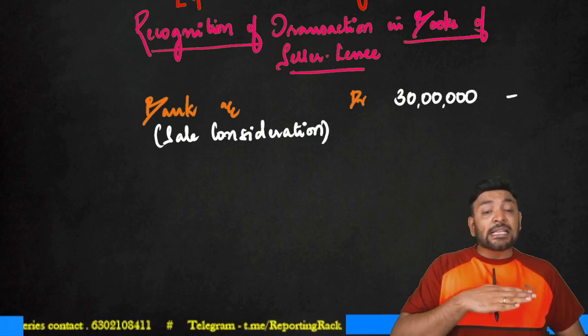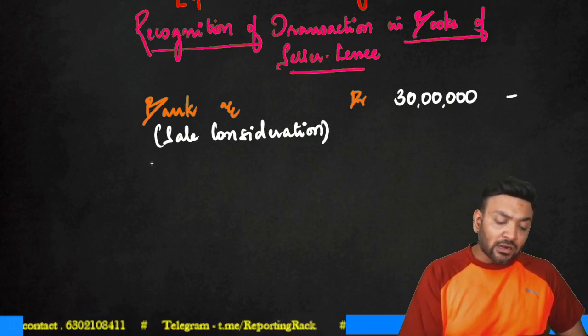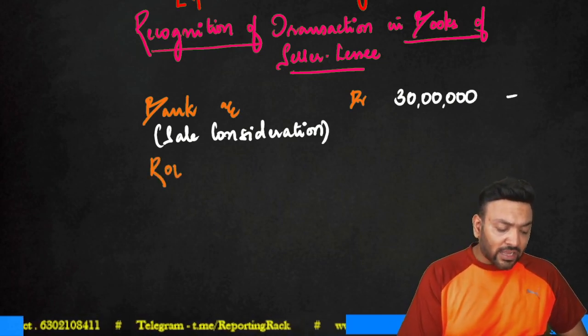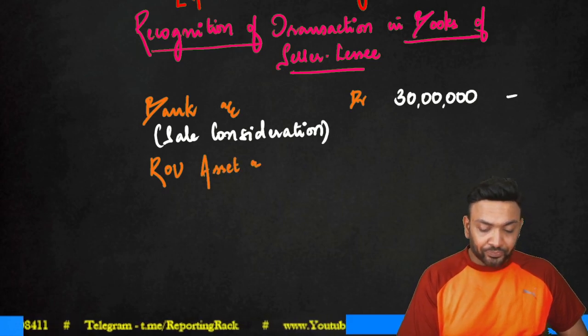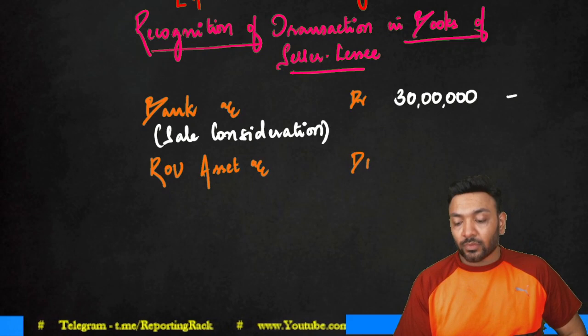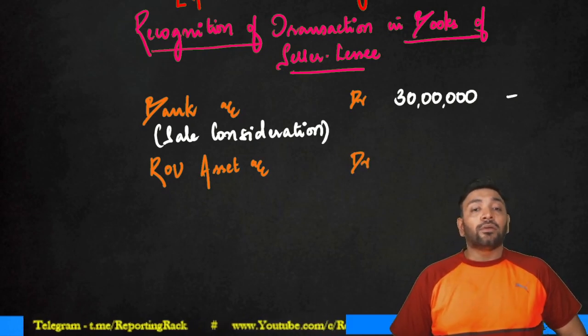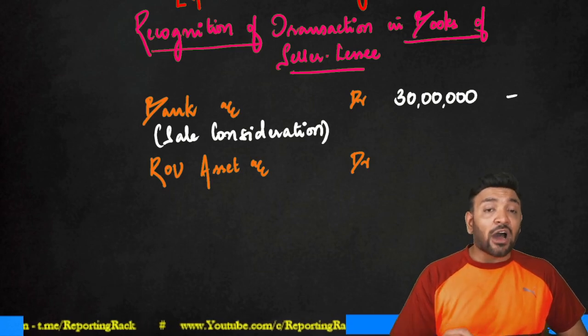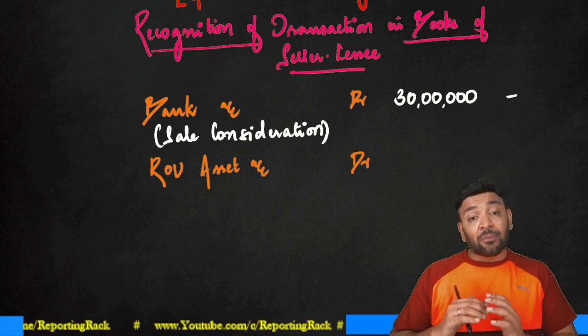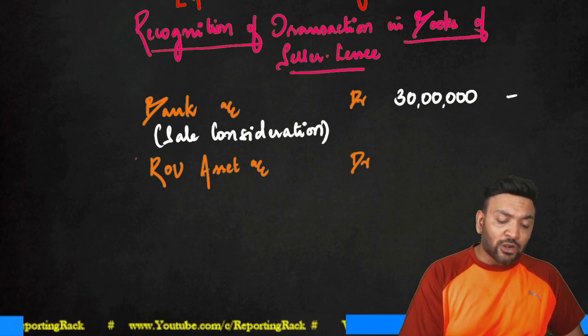But he is leasing the asset back, so I'll have to recognize another debit to the extent of ROU asset. What is the value of ROU asset to be recognized? I will pull it up later on. So I'll just put an asterisk.